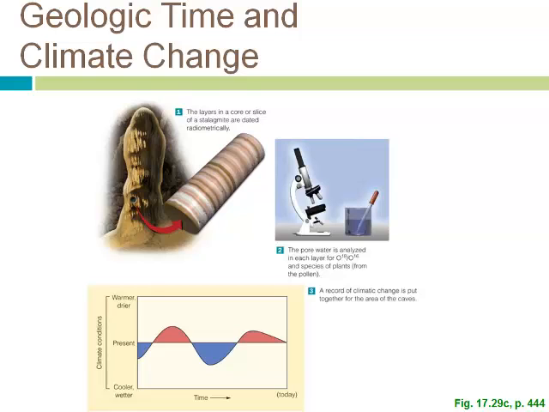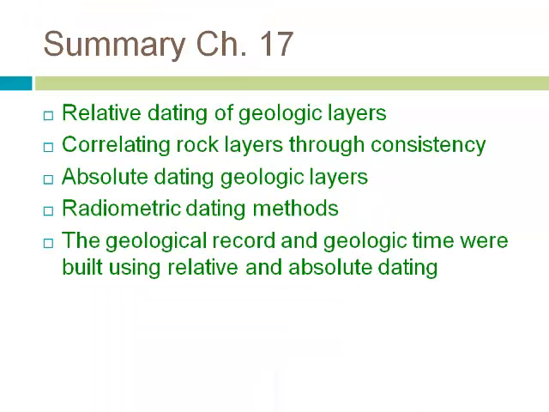And then of course we can look at layers in the stalagmites using a core just like we do in the trees, and we can look at the climate conditions in the past based upon the different oxygen-18 or oxygen-16 that's in the stalagmites. So in this chapter we talked about the relative dating of geological layers.